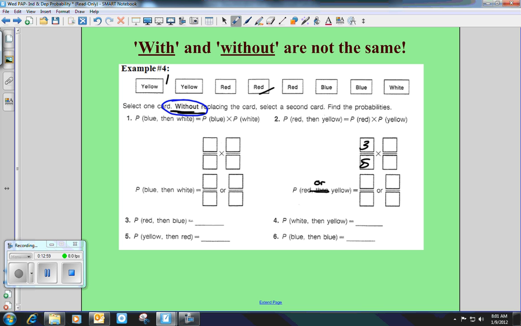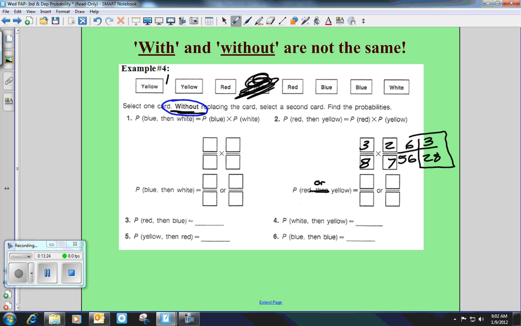If I take one of the reds out, now I have 7 cards left, so my 7 will go on the bottom over here. And I want to choose a yellow, and there's 2 of them, 2 out of 7. Now I multiply. 6 out of 56, that can be divided by 2. 3 out of 28 chance of picking a red and then a yellow.